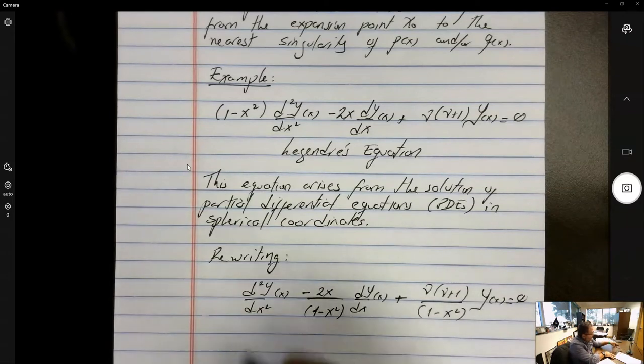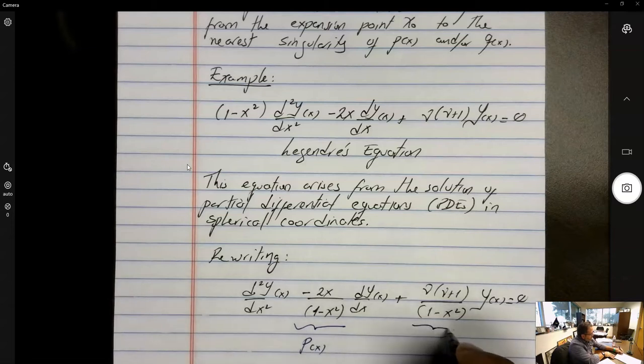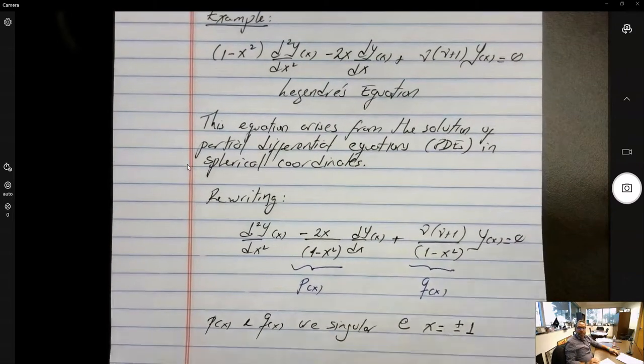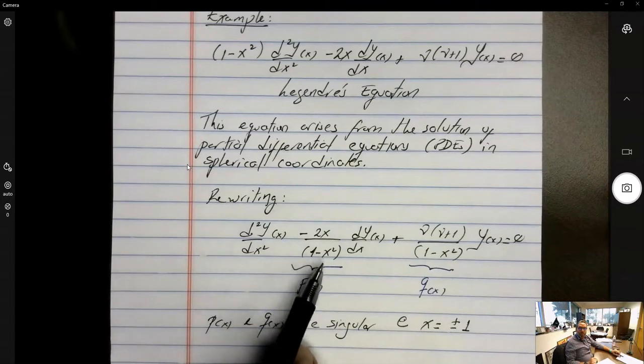And this right here is p of x, and this right here is q of x. And you can see that p of x and q of x are singular at x equal plus or minus 1. So they both become singular, this function p and this function q, when x is equal to either 1 or minus 1.